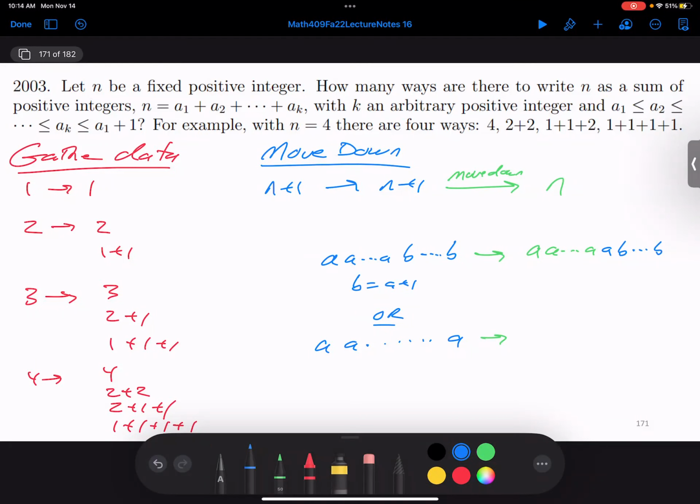And in the other one, what would we have? Turn the A into A minus 1. Yeah, so maybe A minus 1, and then A all the way down to A.